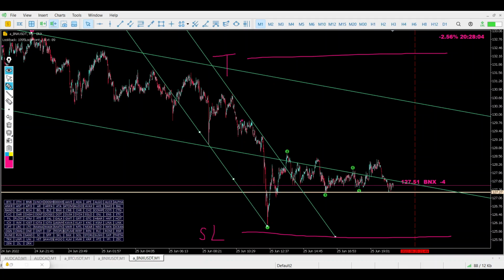So what are the things which include time? Parallel channel, like this is time, and harmonic patterns, like you see this kind of patterns, M W, these are all harmonic patterns.